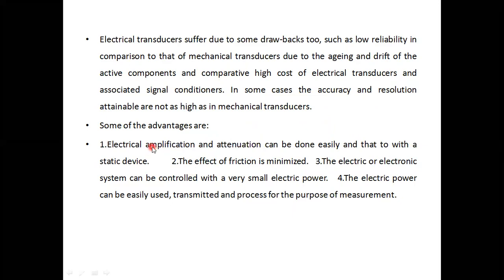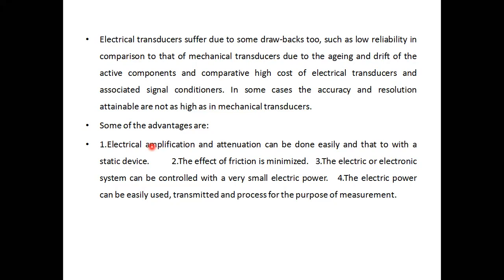Means I can make any operation on a signal, like I can add two signals, I can subtract two signals, and I can mix two signals, and I can amplify a signal, I can rectify a signal, I can demodulate a signal.